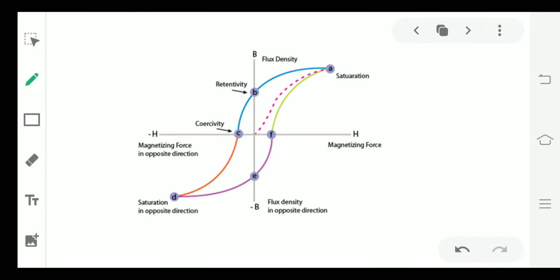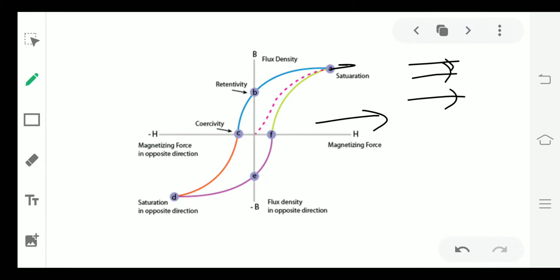Now what happens here? When we apply a magnetic force, due to the alignment of these domains, the magnetization increases, and it comes to a certain level after which, on increasing magnetic force, there is no increase in magnetic flux density. So this point is the saturation point.